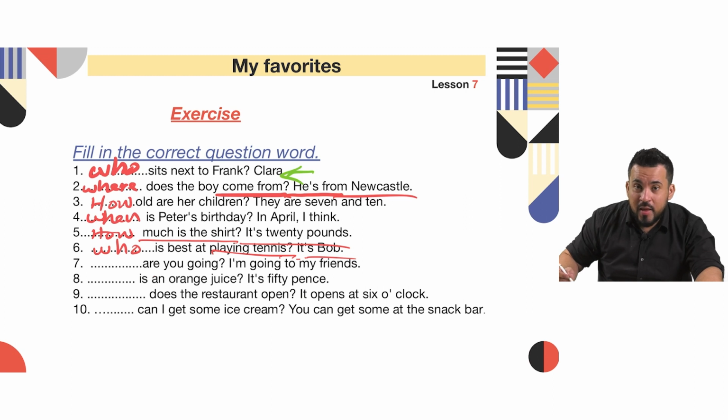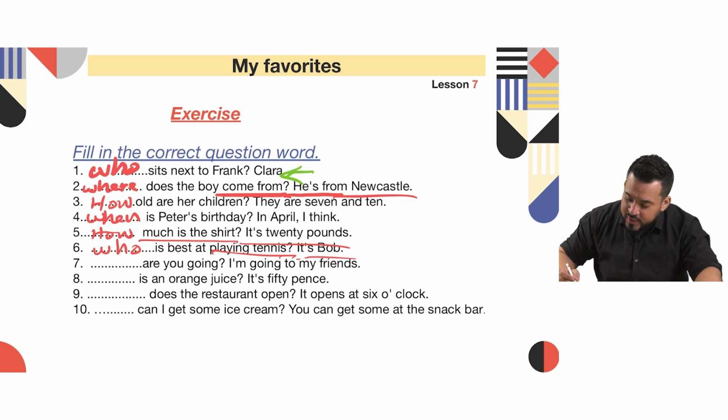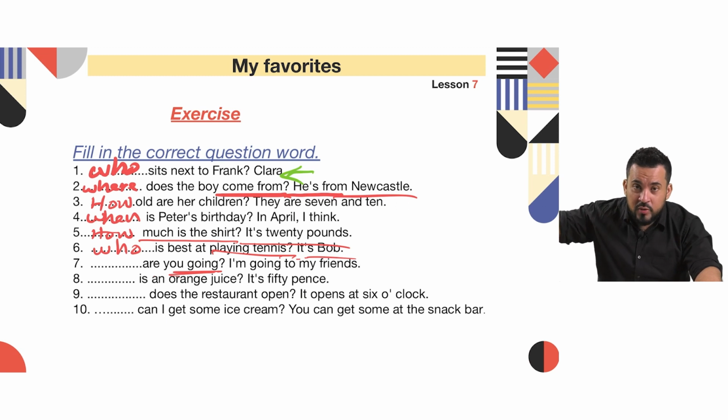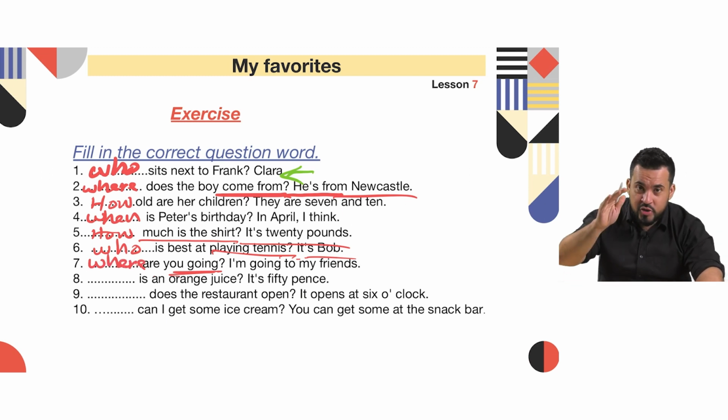Here we're asking about a person's whereabouts. We're asking where they are going, and the answer is they're going to their friends. So that means where. Sorry, not were. Were is the past of are. Where.